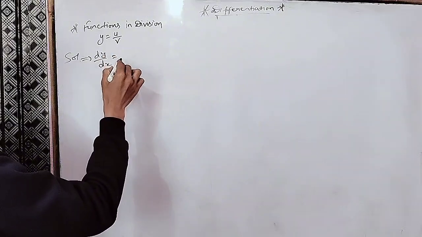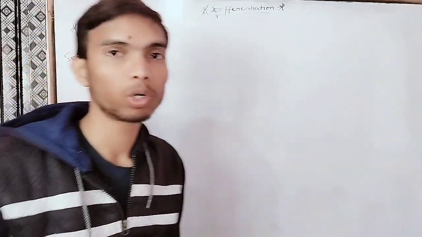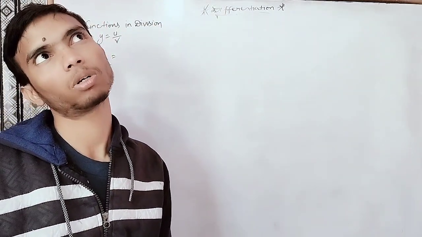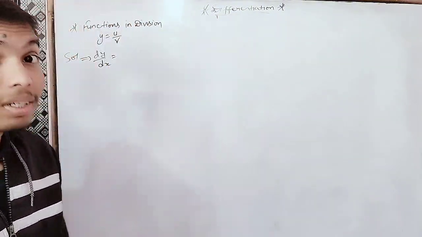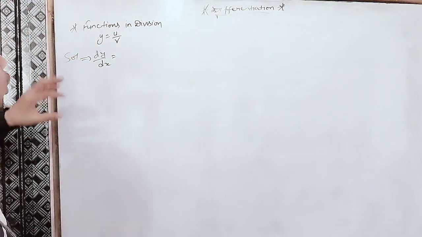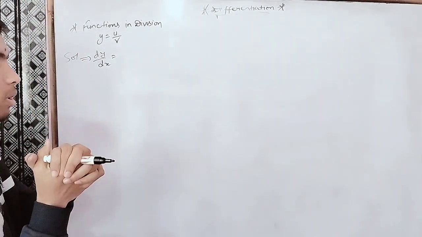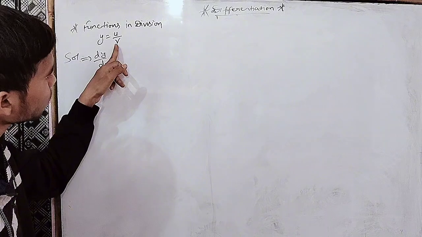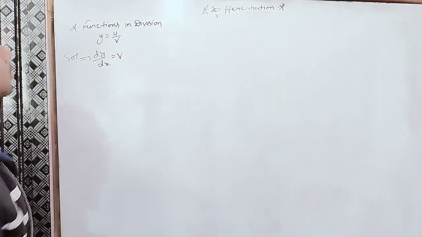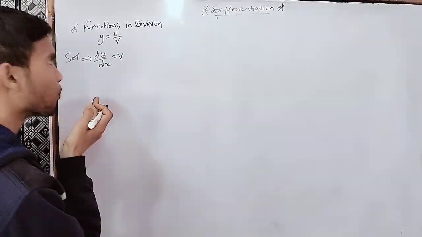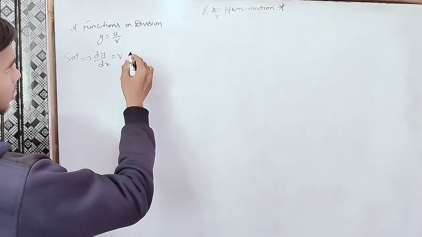Divided by dx. Okay, so first of all, we will do the denominator. I know, but clearly I don't, I am in confusion. Okay. u upon v. First of all, we will take the denominator v. We are writing it as it. We are not changing it.